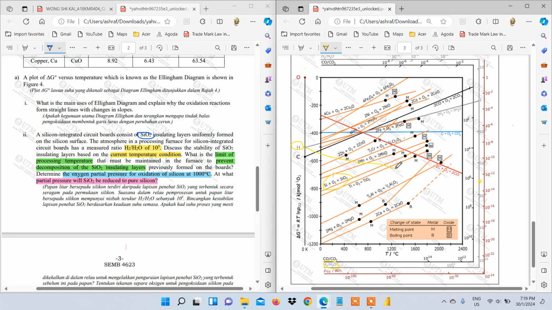So just drag it until you find this one, and then the point of intersection here for the silicon oxide slope, we will drag the temperature down. We will extrapolate to get our temperature at this point.